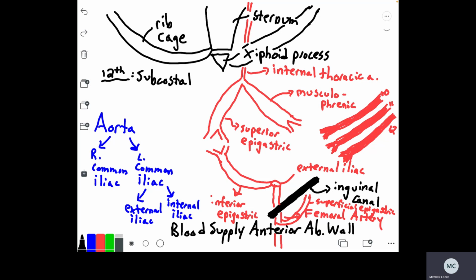The reason is because the word inter means between, and the word sub means under. So it's kind of hard to have an intercostal artery when you don't have another costal for it to go in between. That's why it's called the subcostal. Hopefully that makes some sense, but that's basically the blood supply to the anterior abdominal wall.